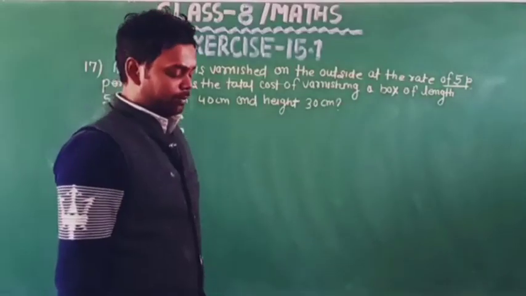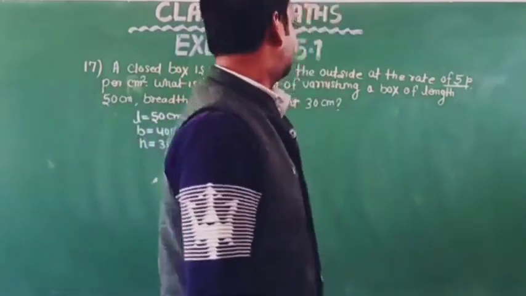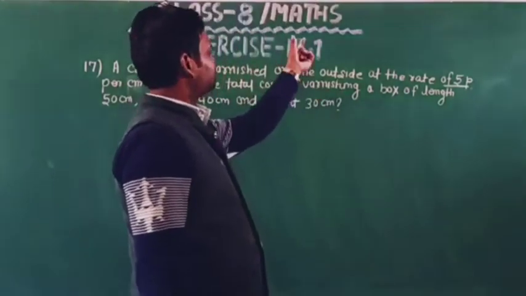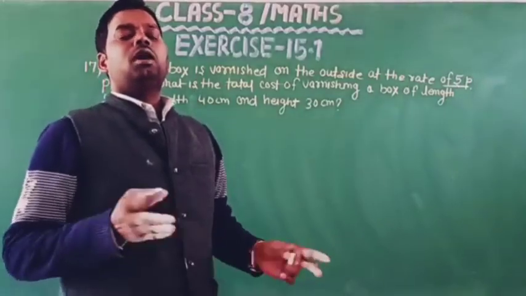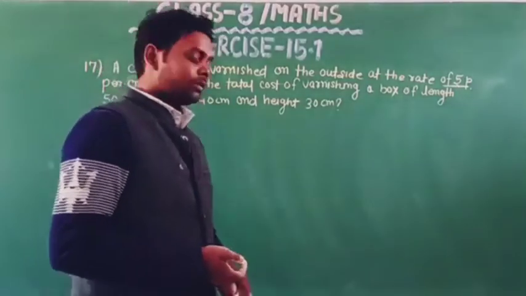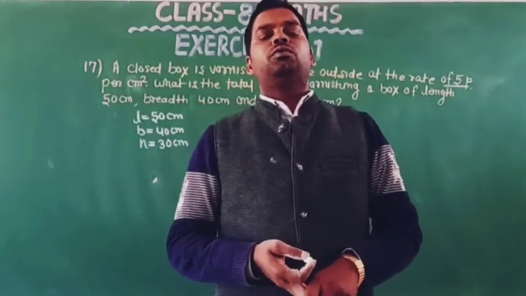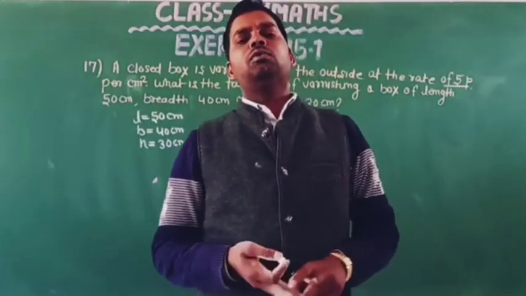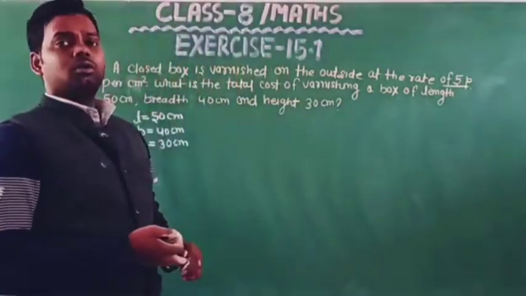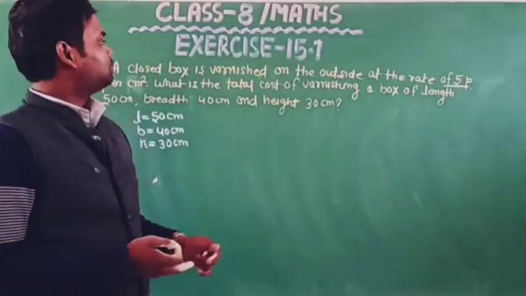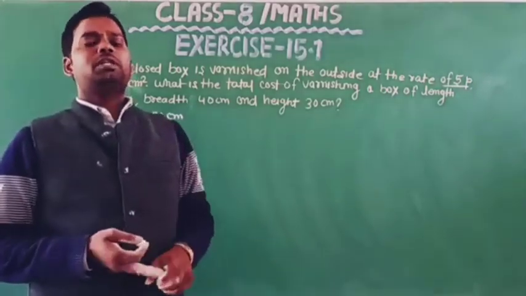So that means to find the cost of varnishing a box, first we have to calculate the total area of the box to varnish. So the total area of the box equals 2(LB plus BH plus HL).